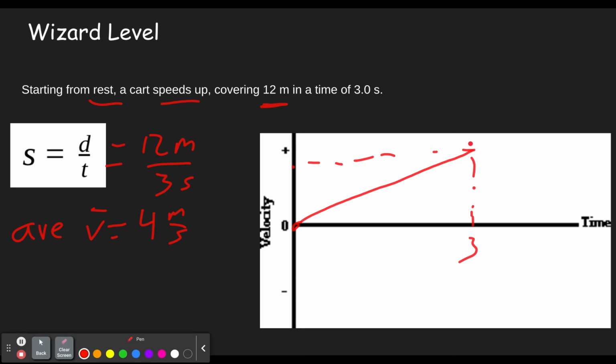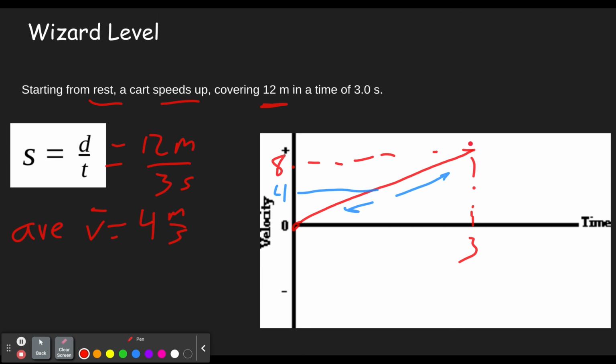Well, the average would be whatever the middle value is, because half of it is lower, half of it's bigger. This amount that's bigger is the same amount bigger as this part is smaller, because it's a straight line. So if this average is 4, well, then the final is going to be 8. You just double it. So the final velocity is 8.